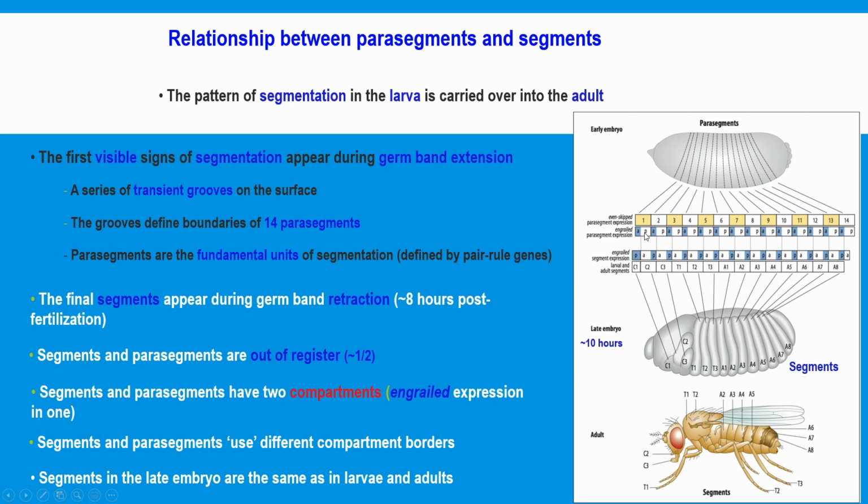The posterior region of a parasegment would be the anterior region of the final segment, and the parasegments function as a sort of signaling center to organize the final segments that will form. So the segments and the parasegments use different compartment borders. But the segments that actually form in the late embryo, they will persist into the larva and even the adult.